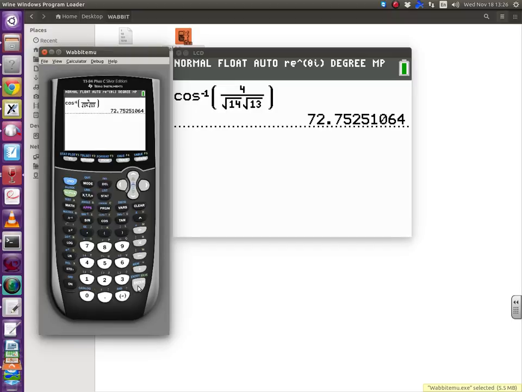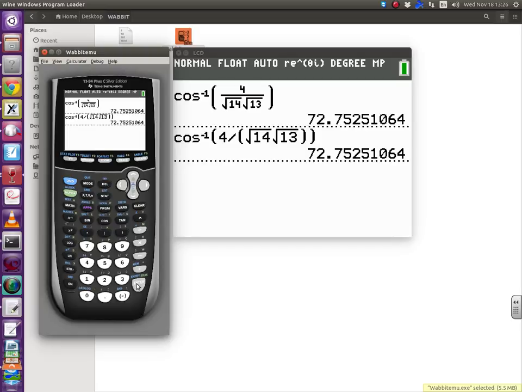Some people got stuck with this, not using the rational key, so you could do this, second cosine of 4 divided by the quantity, rad 14, times rad 13. Get out of the radical, get out of the denominator, get out of the arc cosine, same thing.